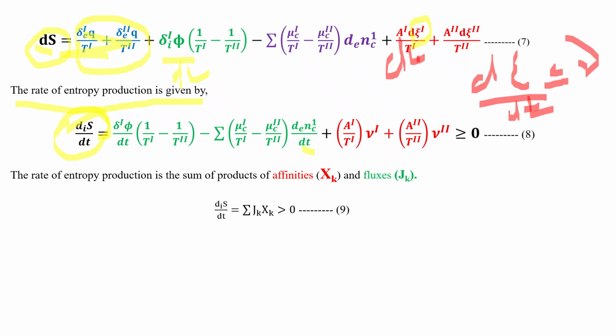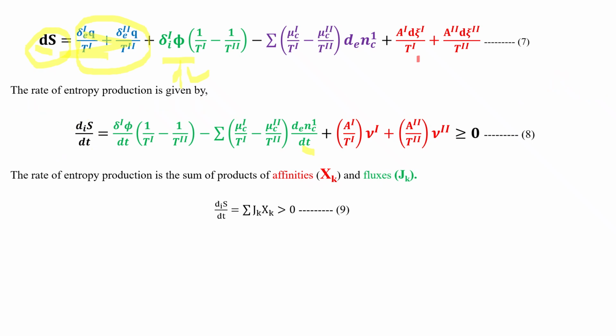The extent of reaction with respect to time is equal to the partial rate, which you might have discussed in the basics of irreversible thermodynamics. So obviously we are replacing these values with nu, the partial rate. Here this is replaced by partial rate 1, and here this is replaced by partial rate 2.